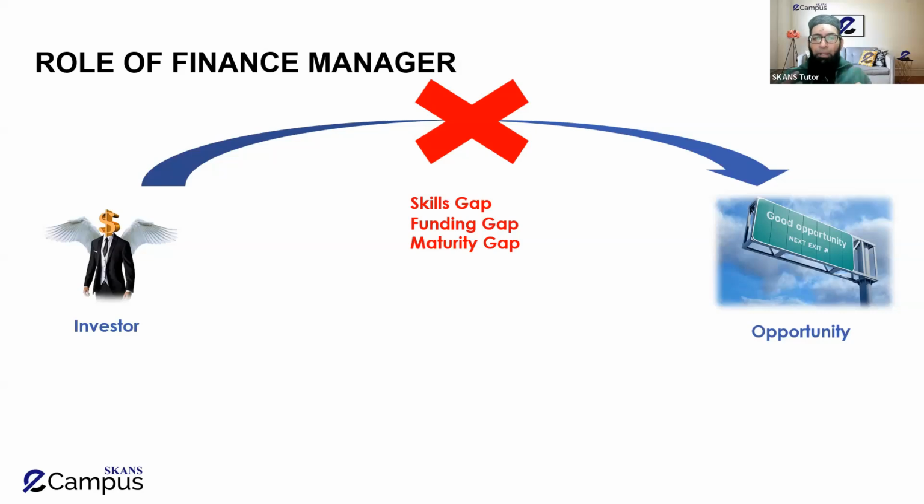The gap in terms of time is known as maturity gap. So the gap in terms of amount is funding gap, but in terms of time period is known as maturity gap. So you see, it's not that simple that an investor is going to directly invest in opportunities and generate the return.